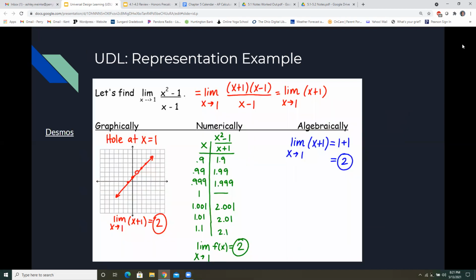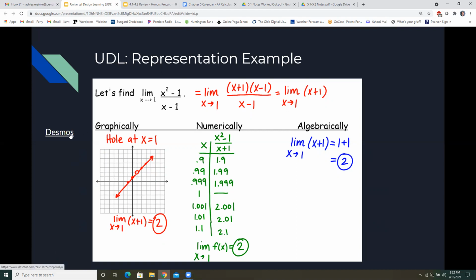And looking at a mathematical example through a limit problem. So we have a limit here. In mathematics, of course, we can look at this graphically, numerically, and algebraically, using multiple representations. So for example, looking at this graphically, we know this has a hole at x equals 1.